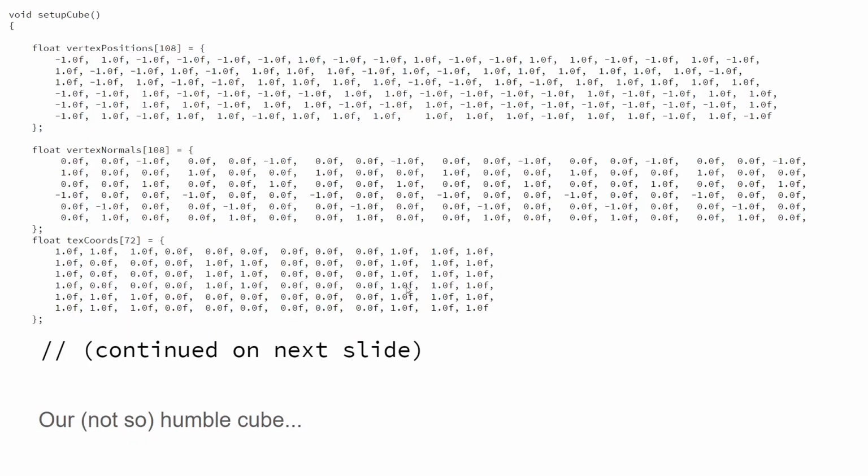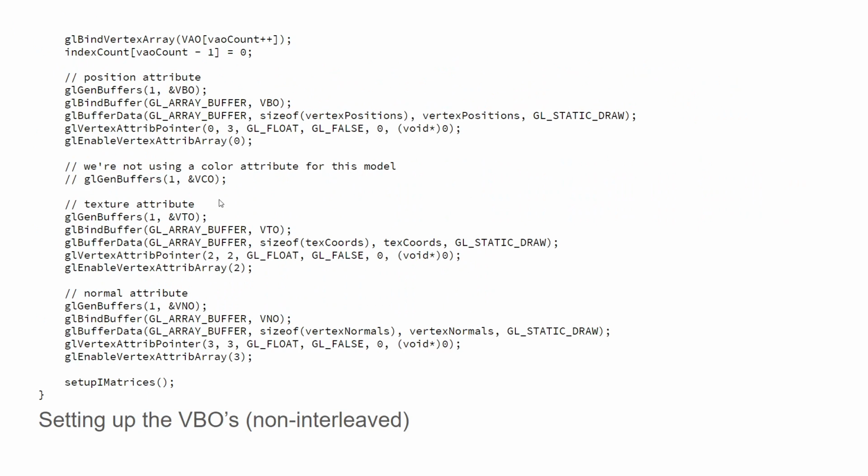Again, there are so many different ways to do it. This I left non-interleaved so that it was kind of obvious what buffers used what. The initialization for the cube was to make sure it has its vertex positions, its normals, and texture coordinates.